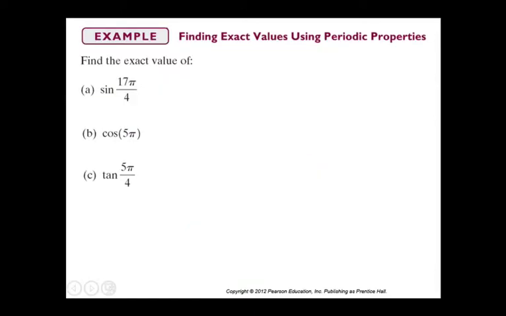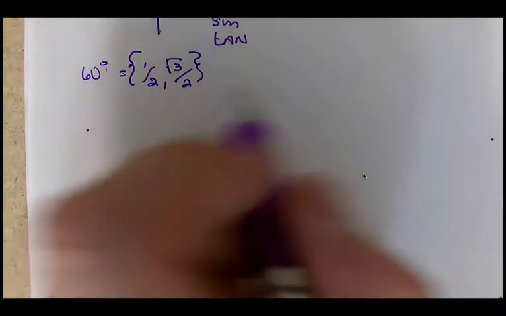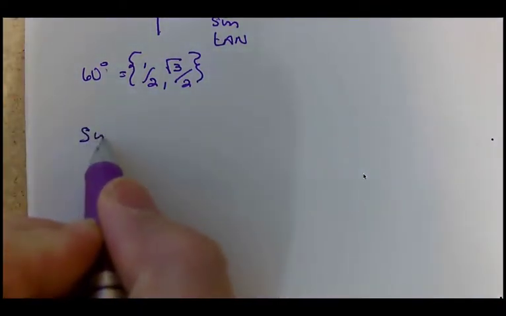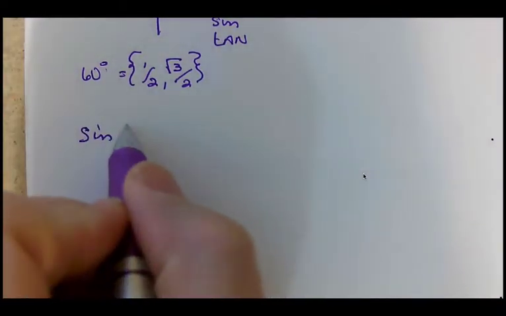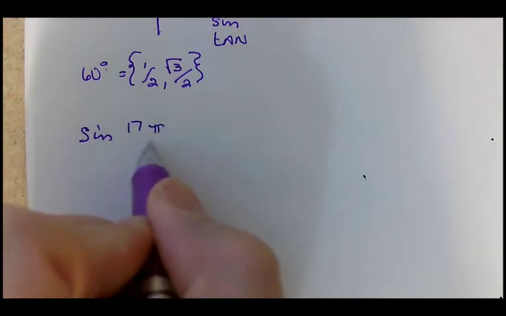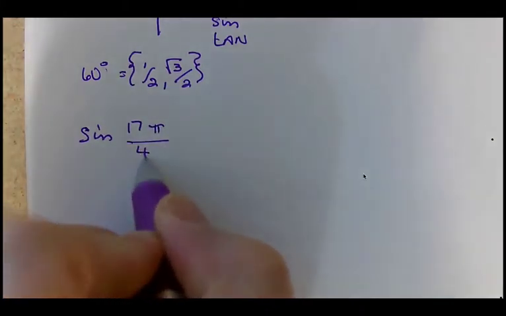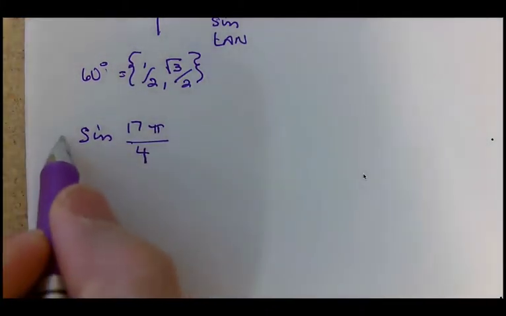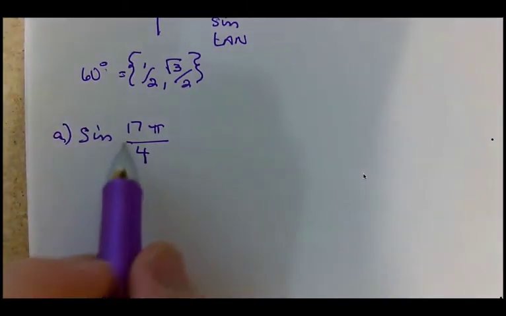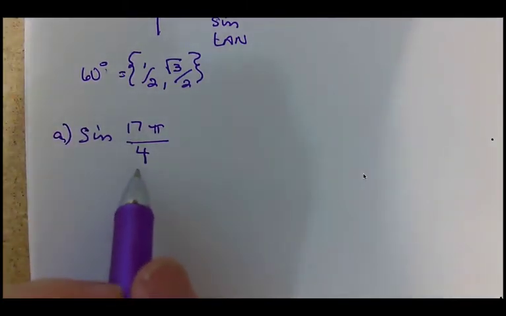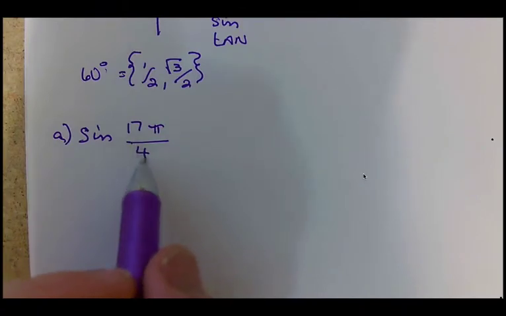So let's take a look at a couple examples. We first have sine of 17 pi over 4. What quadrant am I in? Well, I don't know for sure, right?